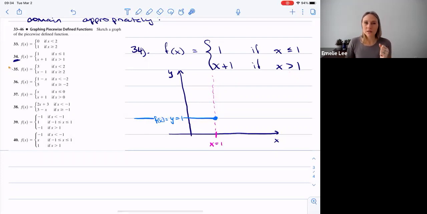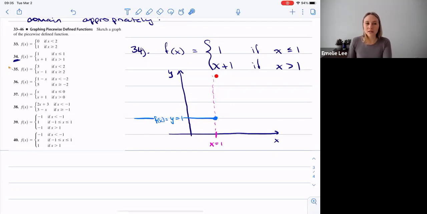Okay. If x is greater than 1, so now I'm looking at all of these values here, then y is going to behave like x plus 1. Notice that x plus 1 is just a straight line, right? A y and an x, so we recognize that as a straight line. If you had to graph these by hand, which I'm not really going to make you do, you can use Desmos, but this one is so small, so why not?